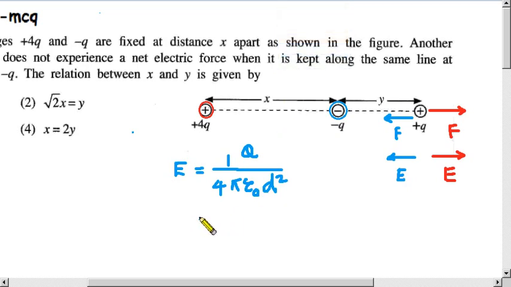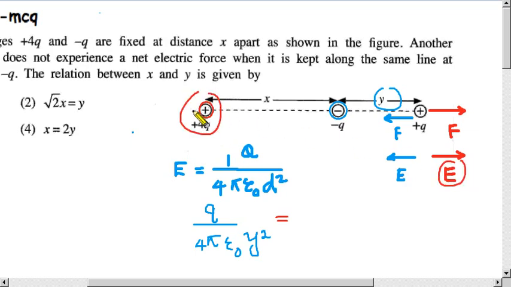So then we get 1 over 4 pi epsilon naught, from this one to this one, distance is y. So y squared. The charge of this one is minus q. We don't want the minus sign, just let us write q. Then it must be equal to the field intensity given by this one, means this red one.